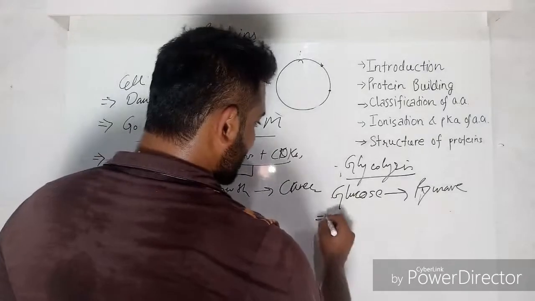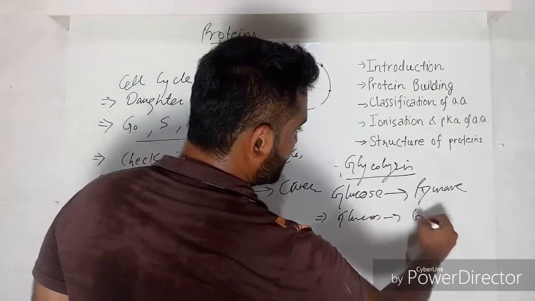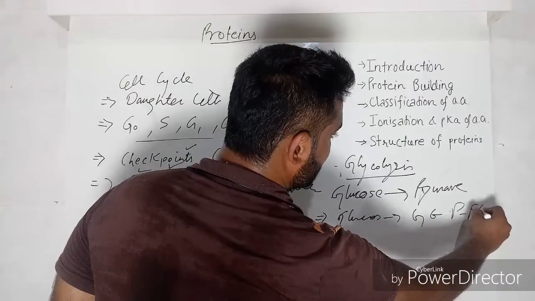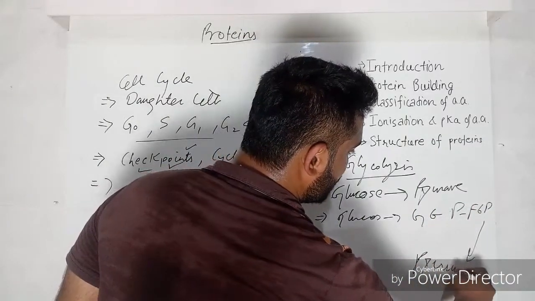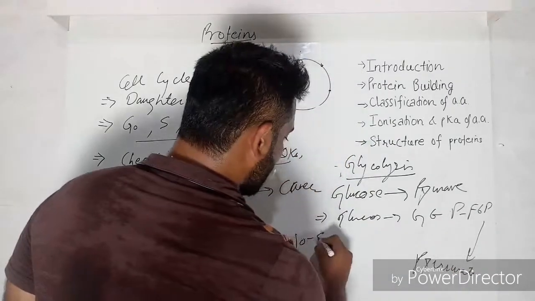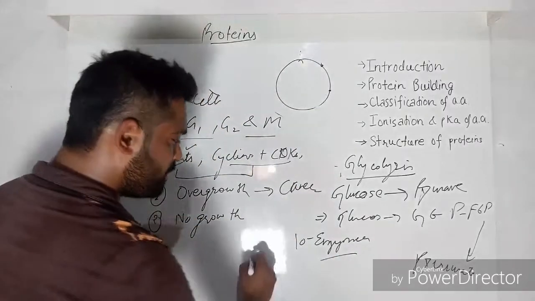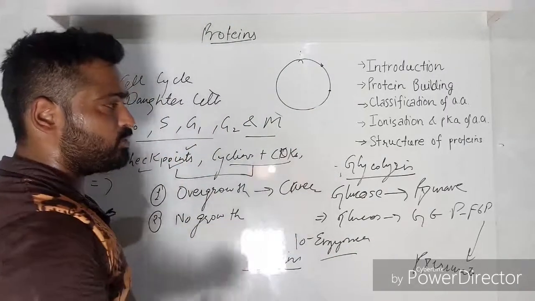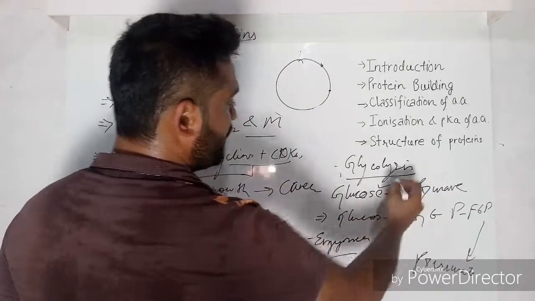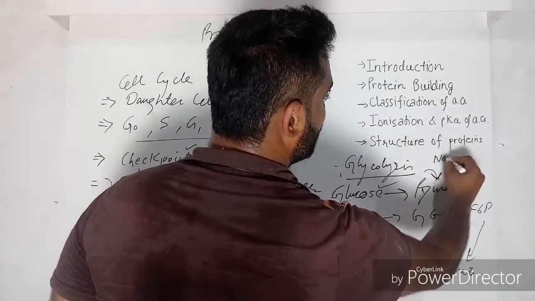It is a 10 enzyme catalyzed process where first glucose is converted into glucose 6-phosphate and then fructose 6-phosphate and so on, finally to pyruvate. So 10 enzymes are being used here, and enzymes are nothing but proteins. If these proteins are not present, what would happen? The glucose cannot be converted to pyruvate and hence no energy.